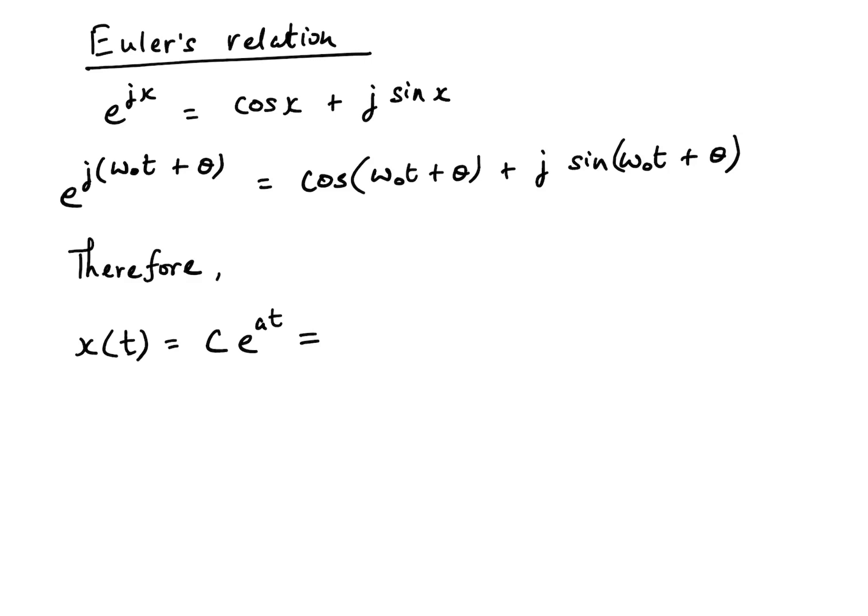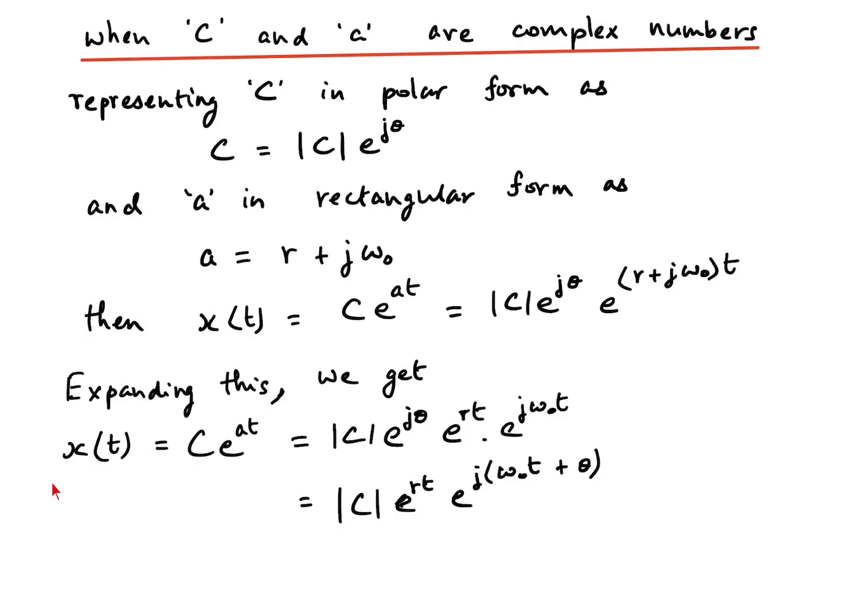Now, substituting this expansion in our x of t, we can expand this part as cosine omega naught t plus theta plus j sine omega naught t plus theta, and both these terms are going to be multiplied with this factor, magnitude of c e power rt.